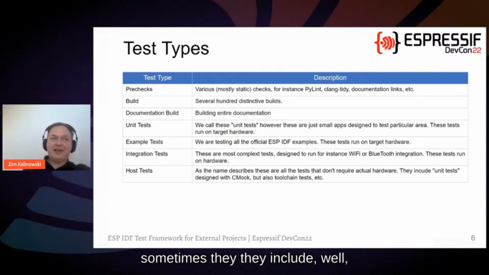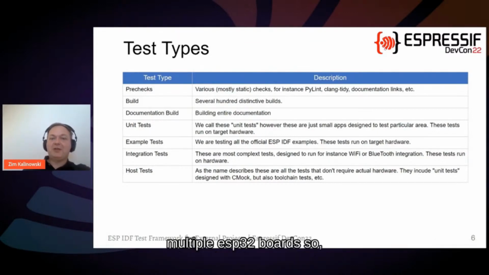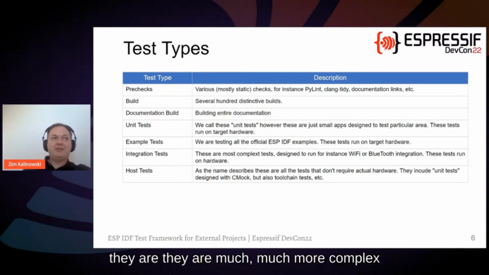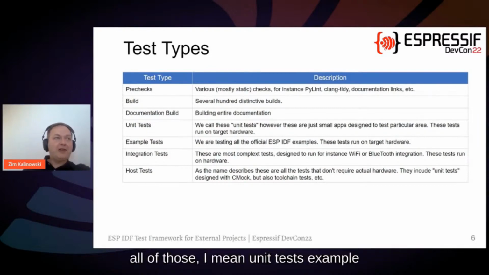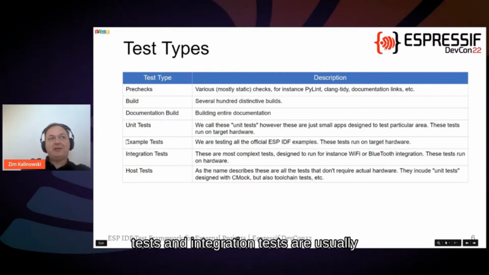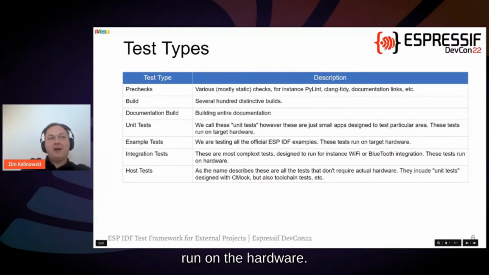Sometimes they include multiple ESP32 boards, so they are much more complex than example tests or unit tests. However, all of those, unit tests, example tests, and integration tests, are usually run on the hardware.